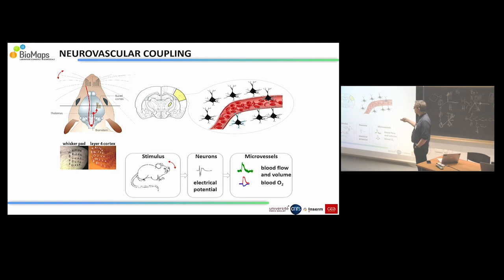We use the Paxinos atlas in order to define the position of the neurons. And when you vibrate the whiskers, the neurons will activate, so they will need more oxygen to work, so they will need more blood flow, and so the blood flow will increase locally due to the activation.